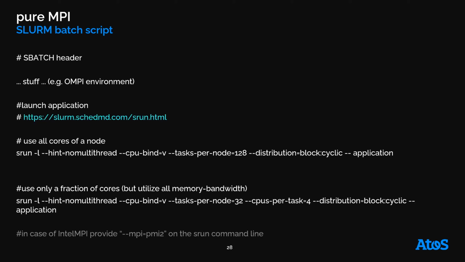In this case, it should use the policy block:cyclic, which means block uses equally sized blocks to assign tasks to nodes, and cyclic, in a round robin fashion between NUMA nodes on a node.